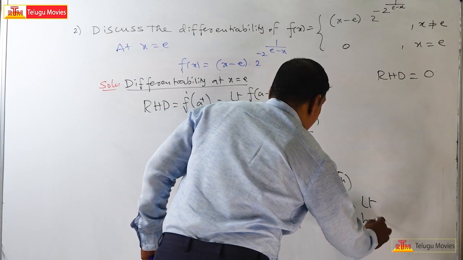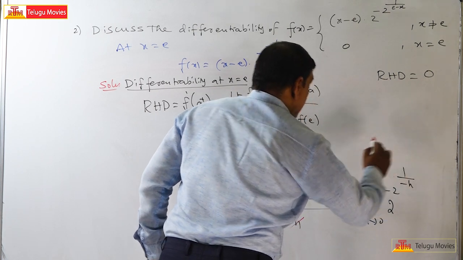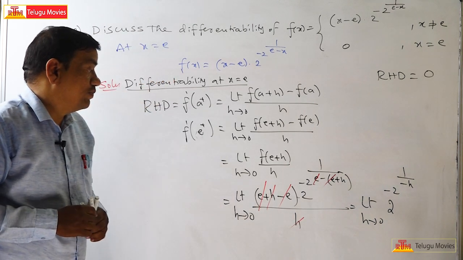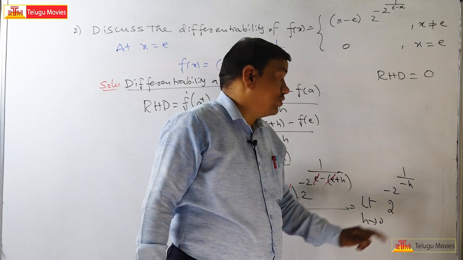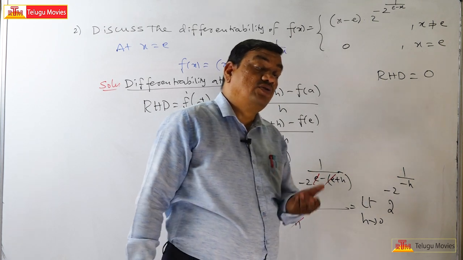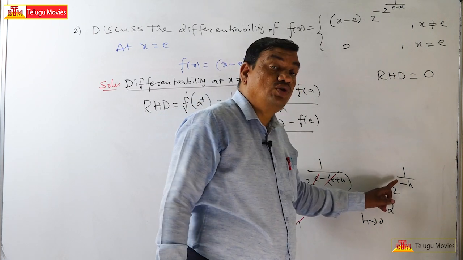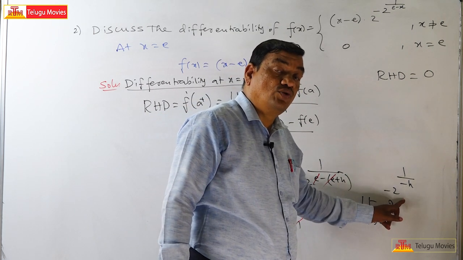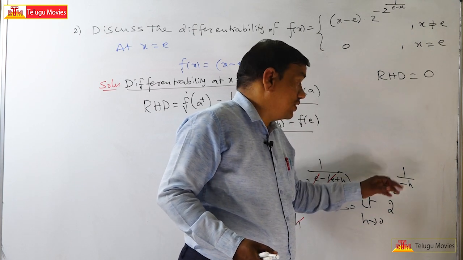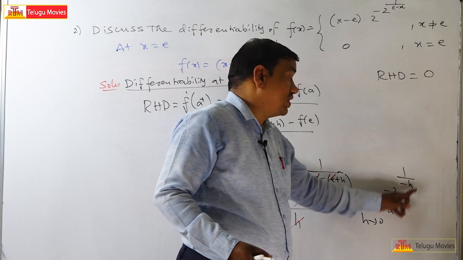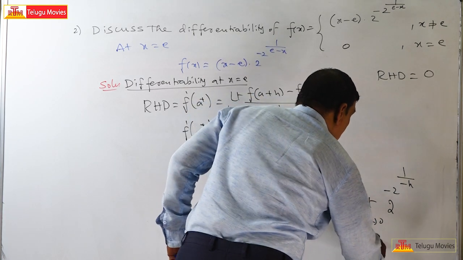Limit h tends to 0, 2 to the power of minus 2 to the power of 1 by minus h. Here as h tends to 0, minus 1 by h tends to infinity, so minus 2 whole to the power of minus infinity means 1 by 2 to the power of infinity, that is 1 by infinity, which approaches 0. The total power approaches 0, 2 power 0 is 1.